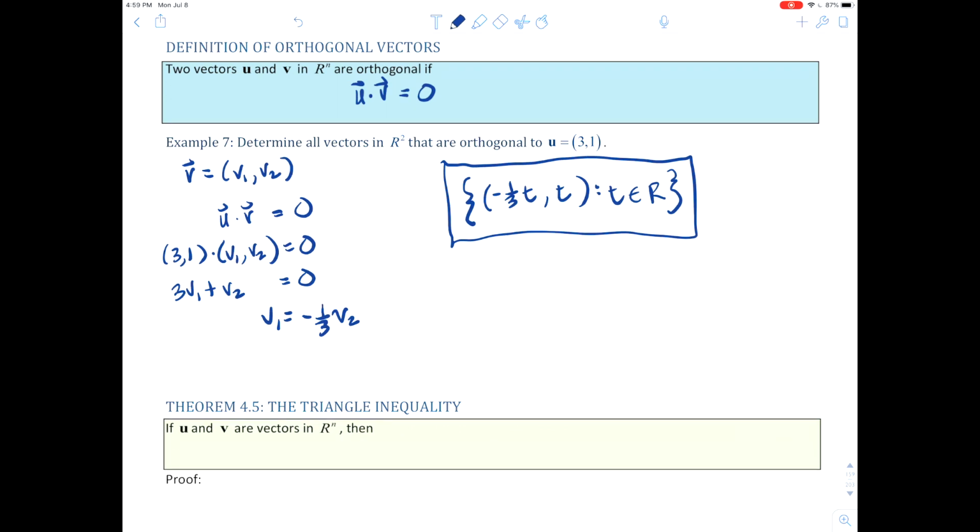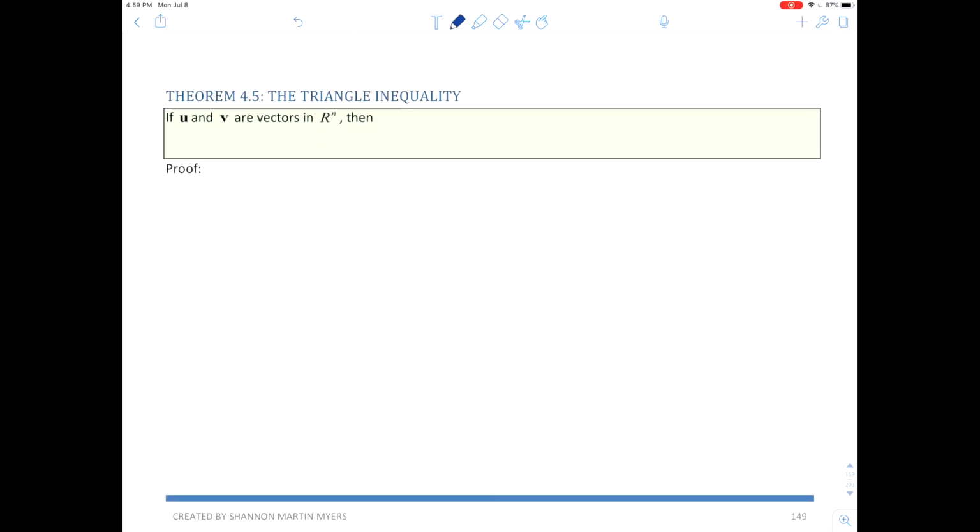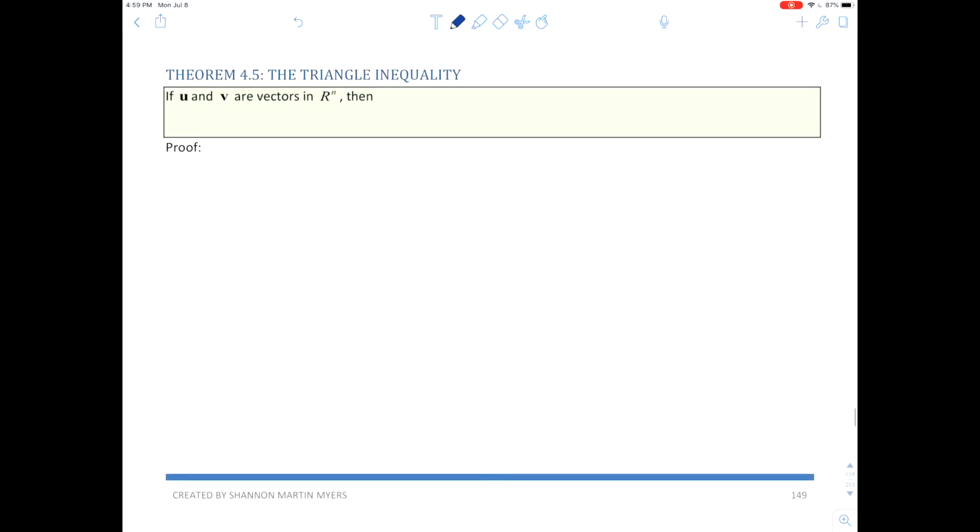All right? Okay, so next step we have the triangle inequality, another famous inequality. So if u and v are vectors in Rn, then the magnitude of the sum of u and v has to be less than or equal to the magnitude of u plus the magnitude of v. All right?